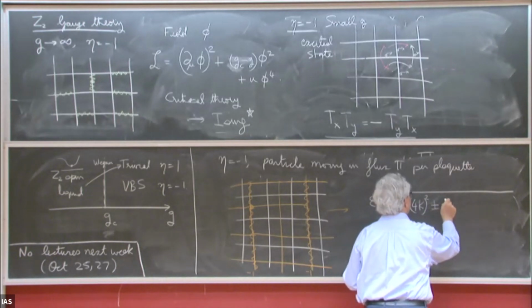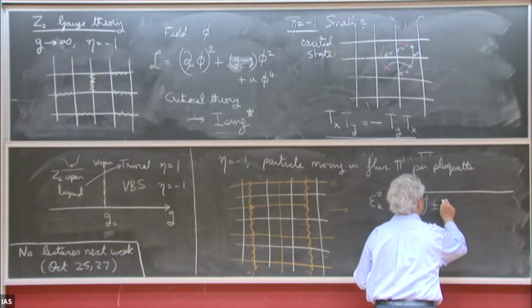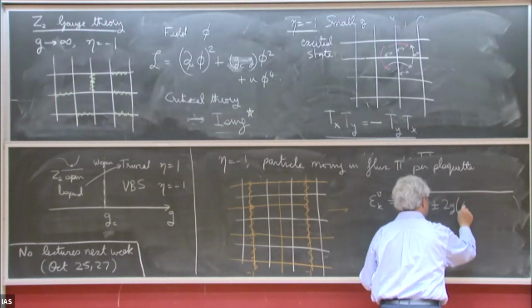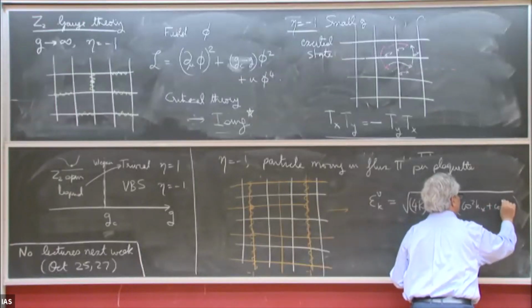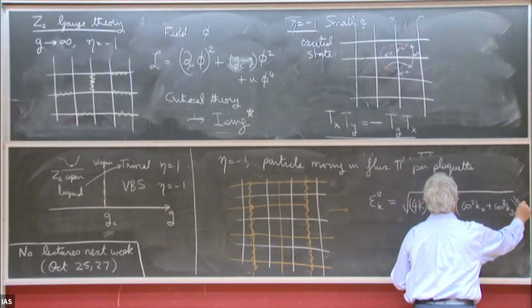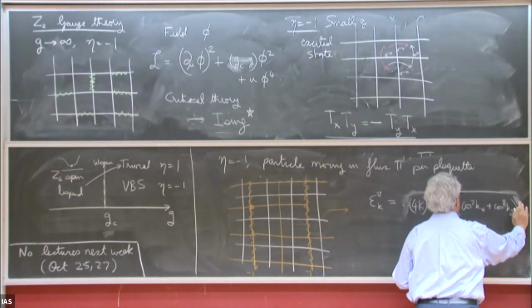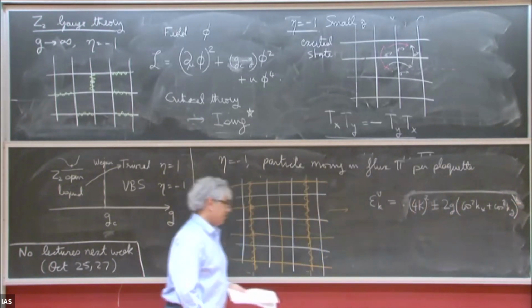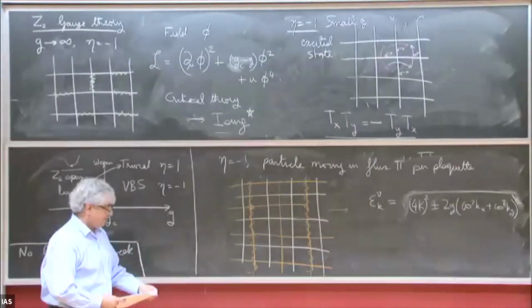I think you're going to get the answer in perturbation theory in your homework, something like this, in terms of kx squared plus ky squared. There's no square root. I may have the factors wrong; it depends on the gauge, exactly how it works out.